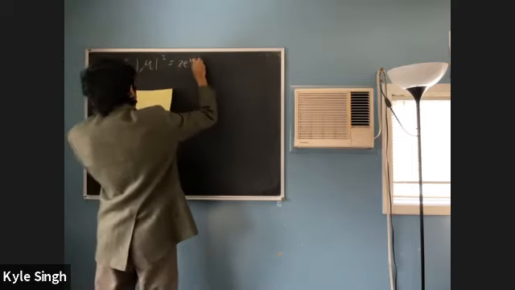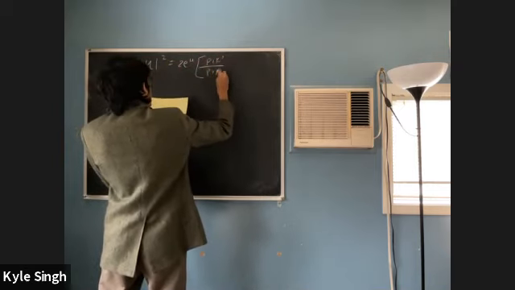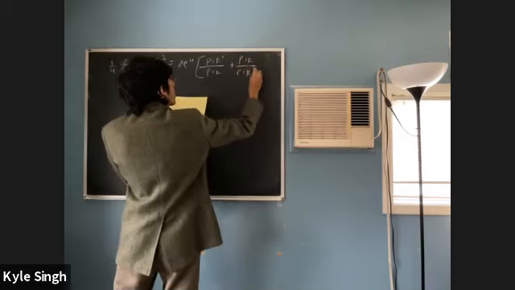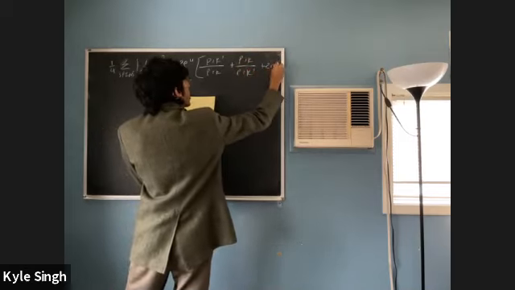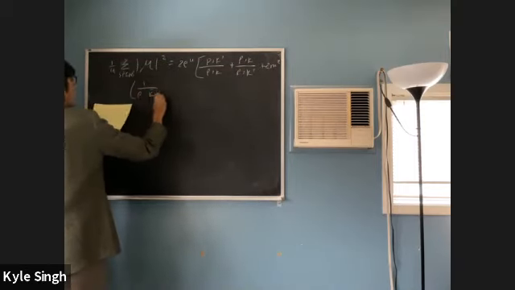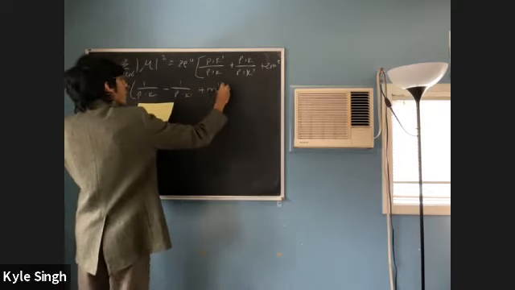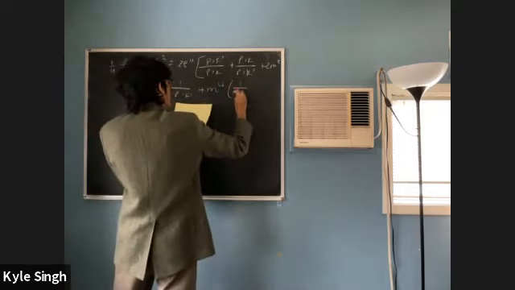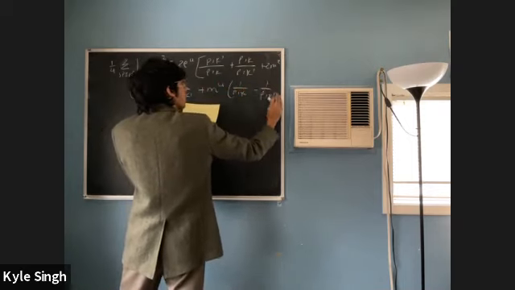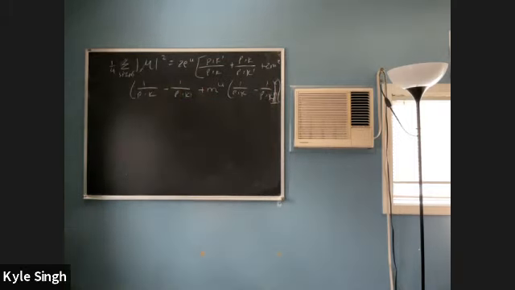And you get 2e to the 4th times [P dot K prime over P dot K plus P dot K over P dot K prime] plus 2m squared [1 over P dot K minus 1 over P dot K prime] plus m to the fourth [1 over P dot K minus 1 over P dot K prime] squared.